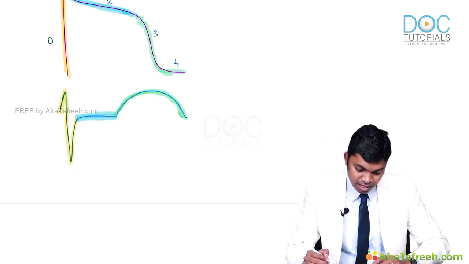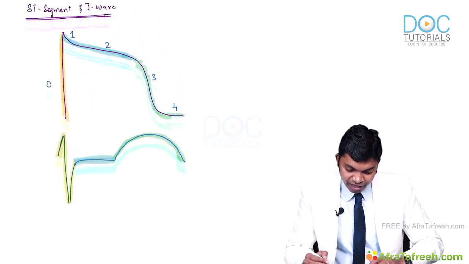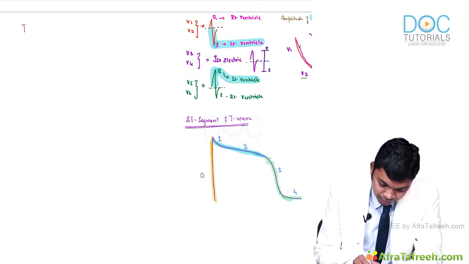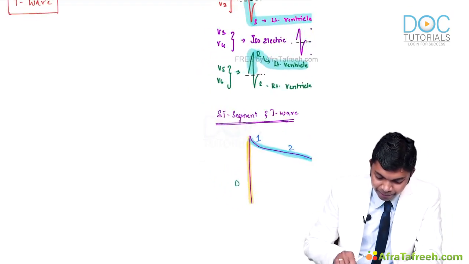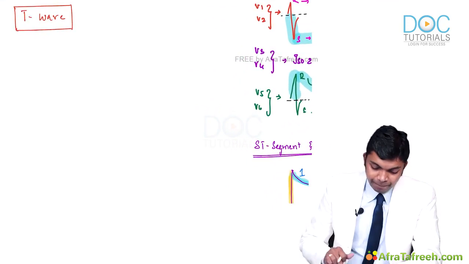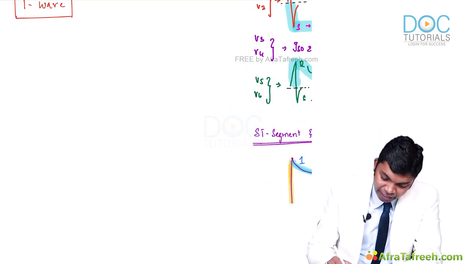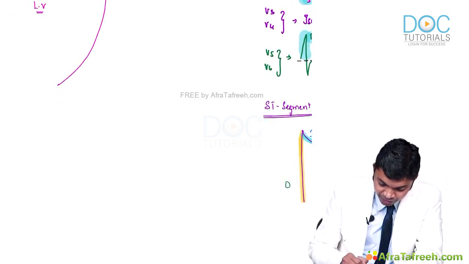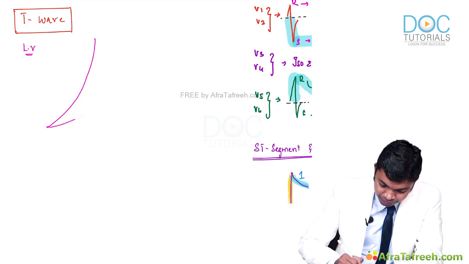Right, guys? Now, I want you to be very familiar with the reason for the T wave here, doctors. Why is the T wave upright? Okay, so let me take up the left ventricle here for descriptive purposes. I have got a thick ventricle, doctors.